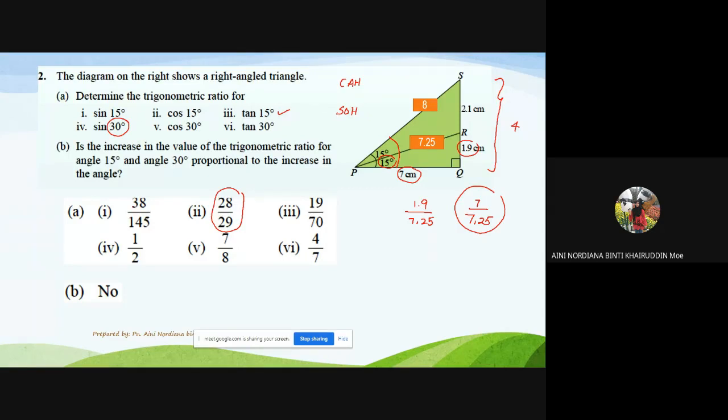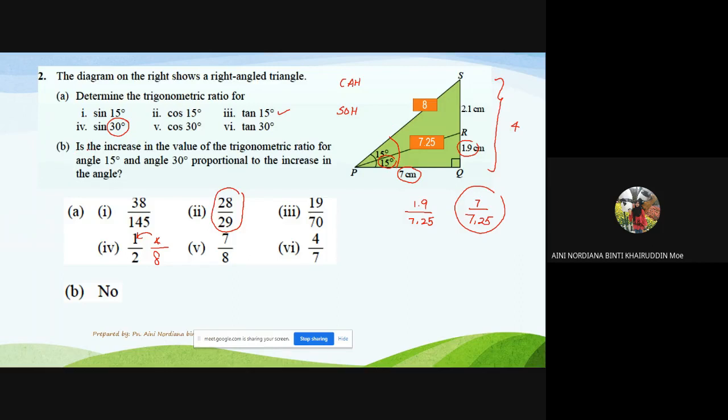So if sin is soft, this is the opposite. So 4 over 8. 4 over 8 equals 1 over 2. So for 30 degrees, you use triangle PQS. For the 15 degrees here, you use triangle PQR. Don't make a mistake. Don't use PRS. Triangle PRS is not a right angle triangle, so you cannot use it.